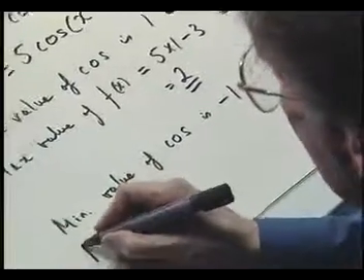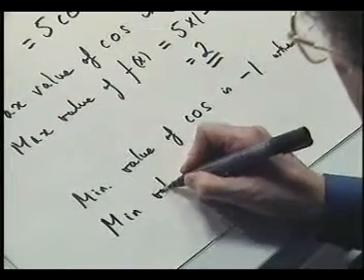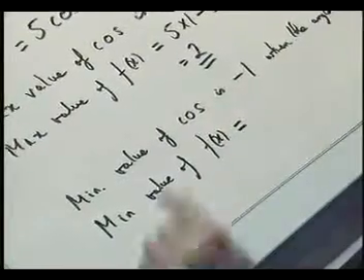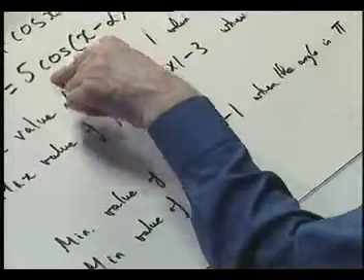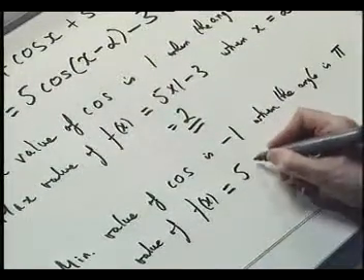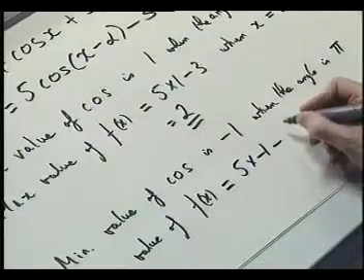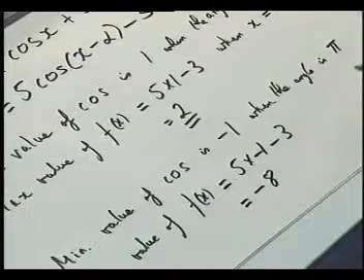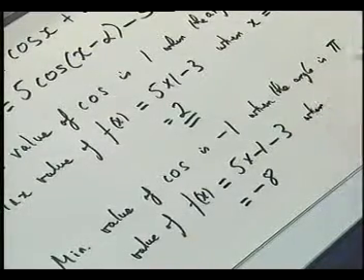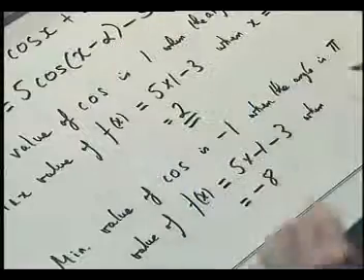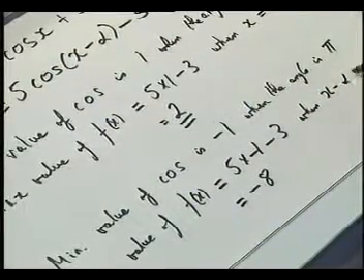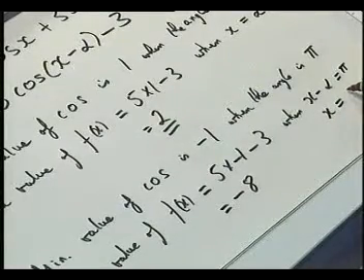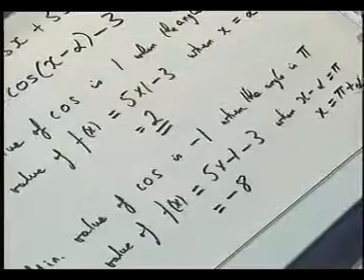So what we know there is that the minimum value of f of x must occur when this is at its minimum, in other words, minus 1. So it will be 5 times by minus 1 minus 3, which is just minus 8. And when will that happen? It will happen when the angle, x minus alpha, equals pi. In other words, when x equals pi plus alpha.